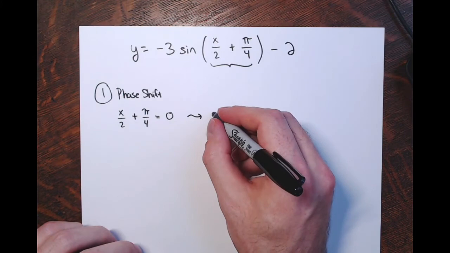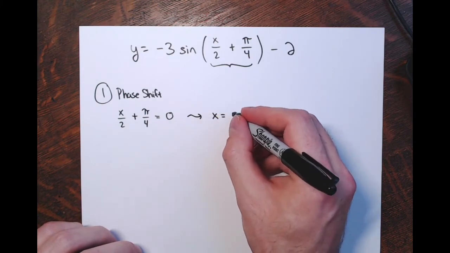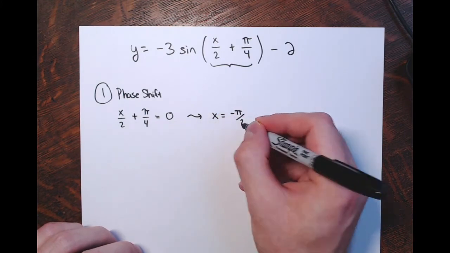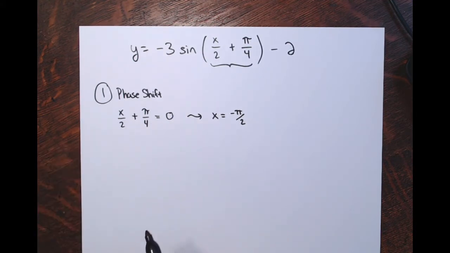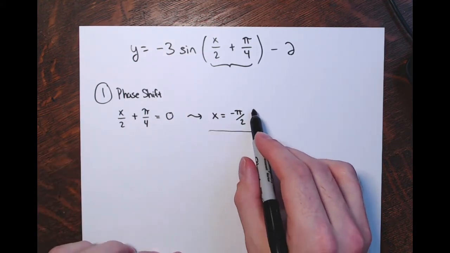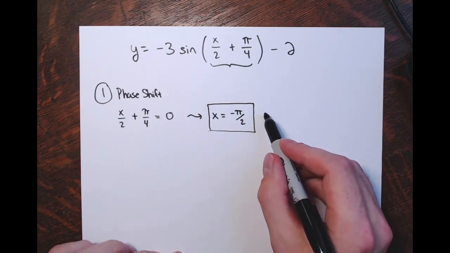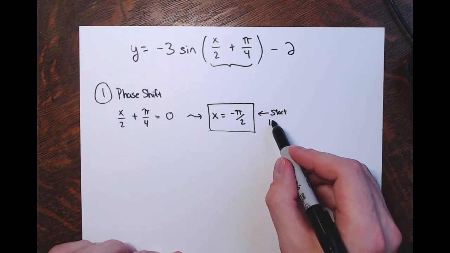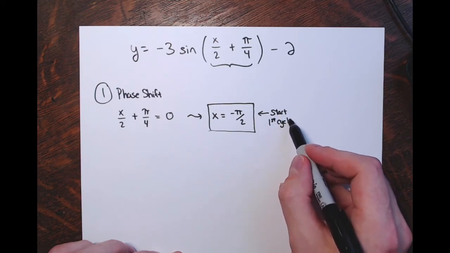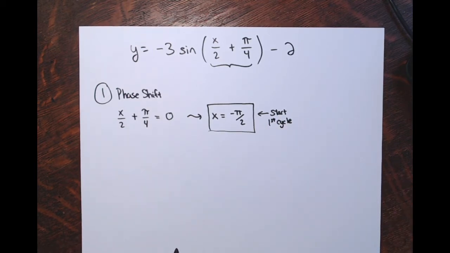This would be equal to 0 when x is negative pi over 2. Right, you would subtract pi over 4 and then multiply both sides by 2. And this value here is where I'm going to start drawing my first cycle. I'm going to start my first cycle at x equals negative pi over 2.